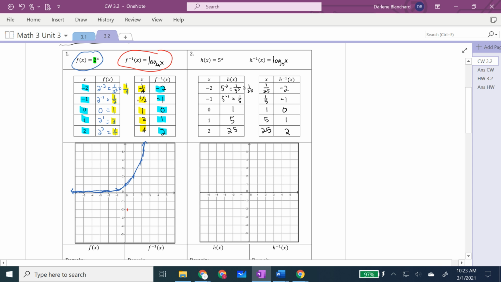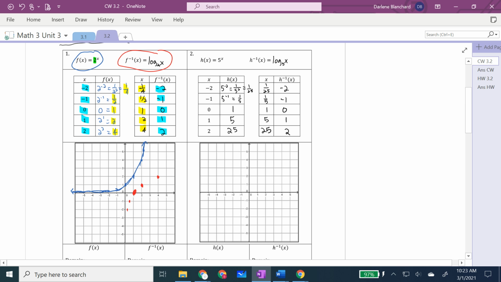And then when x is 1/2, the y is -1. When x is 1, the y value is 0. When x is 2, the y value is 1. When x is 4, the y value is 2.